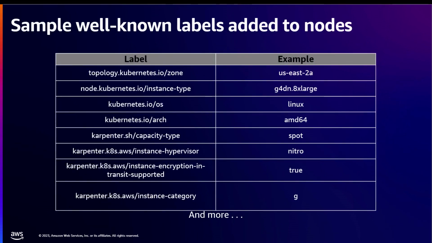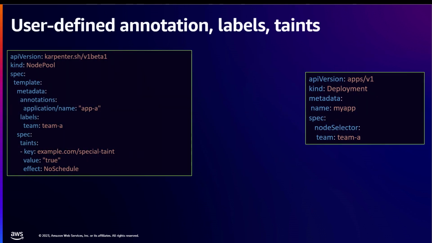And in addition to that, Karpenter supports a bunch of well-known labels that are added to the nodes automatically. So you can use all these parameters to schedule your nodes. This gives you unparalleled flexibility to schedule your workload. How about user-defined taints, annotations, labels? Karpenter supports that as well.